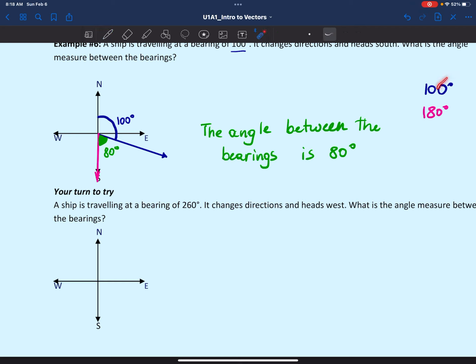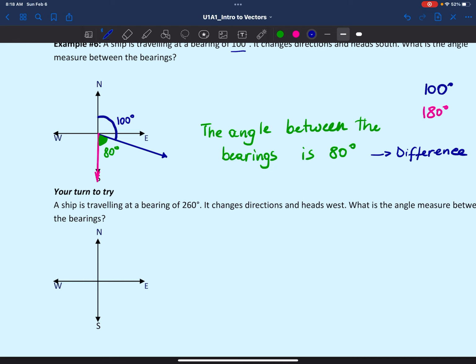So this is the first bearing of 100, the second bearing of 180, and then what was the answer again? The angle between bearings? 80. Do you see a connection between them? So you can tell that here we have 180 minus 100, which equals 80. So the angle between bearings is actually the difference between the bearings.